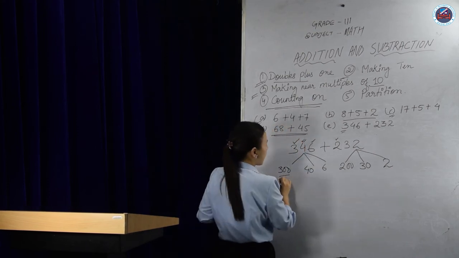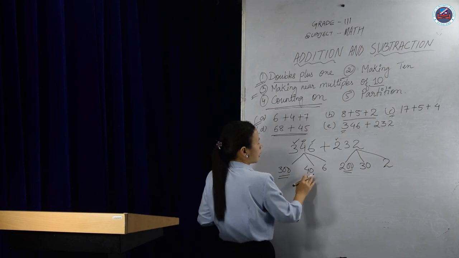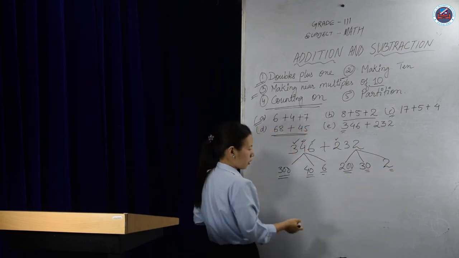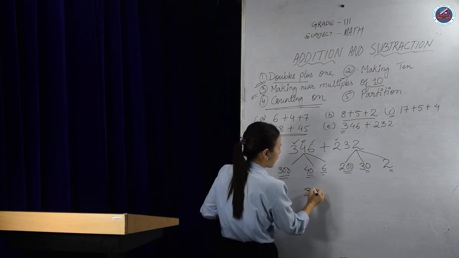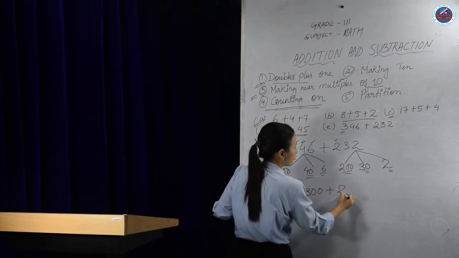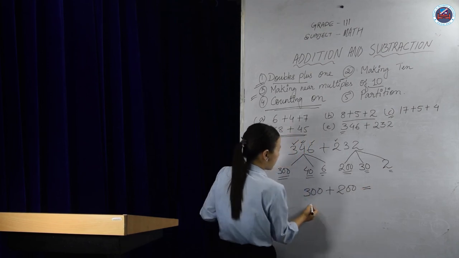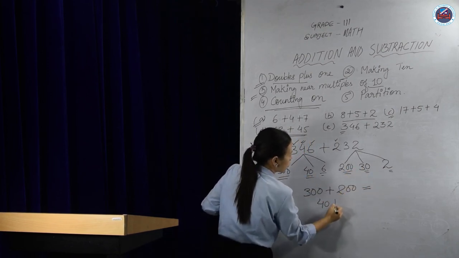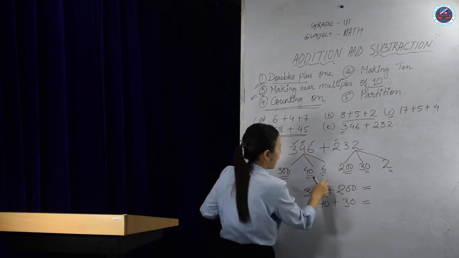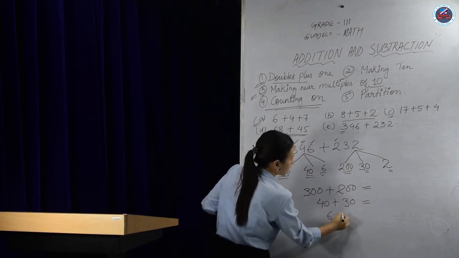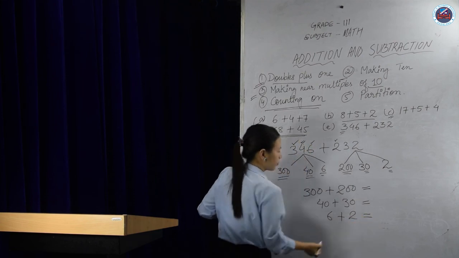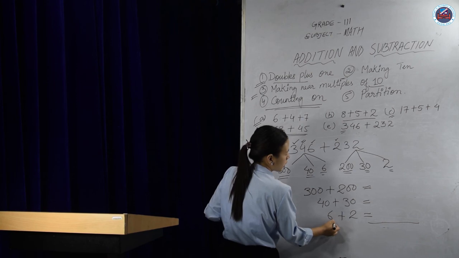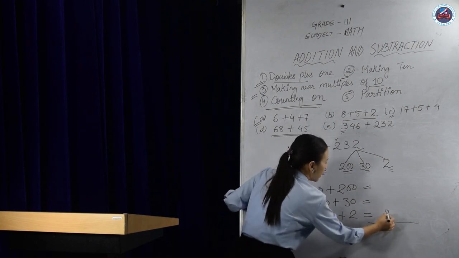Now let's add the hundreds place first, then the tens place, and then we'll go on to the ones place. So 300 plus 200, then for the tens we have 40 plus 30, and then we have ones, that is 6 plus 2. So let's add it. We'll start from the ones. We know that 6 plus 2 is 8.